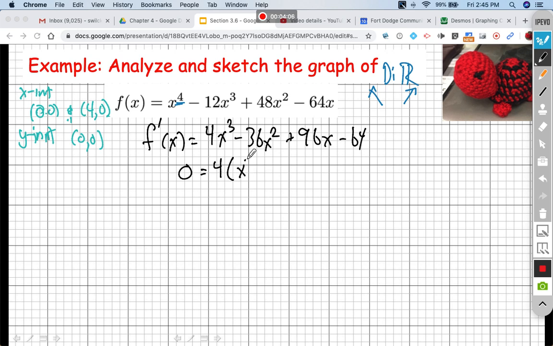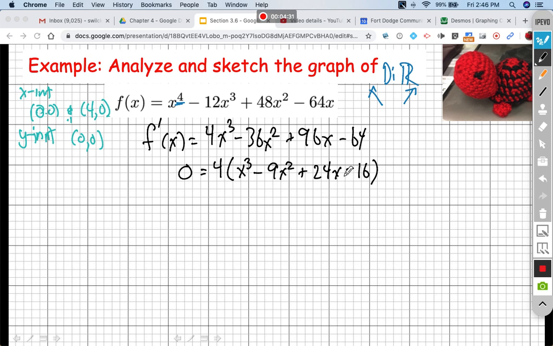Let's see what that does. I'm taking out a 4: x cubed minus 9x squared, since 36 divided by 4 is 9, plus 24x, since 96 divided by 4 would be 24, and minus 16. Now, 16 is not a perfect cube.